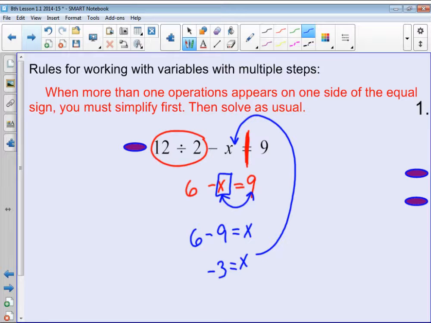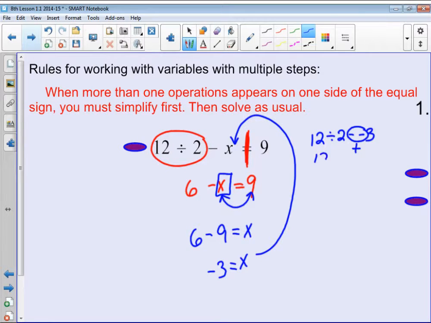If I want to check it, I can substitute in. So I'll go ahead and check it. My new equation is 12 divided by 2 minus, and here's the key thing, I found out that it's a negative 3, so I still have to write that negative 3. I know we haven't really gotten to this yet, but anytime you have a double negative, we're going to put those together, and it's going to make a plus sign. Two minus signs, if you turn one of them, makes a plus sign.